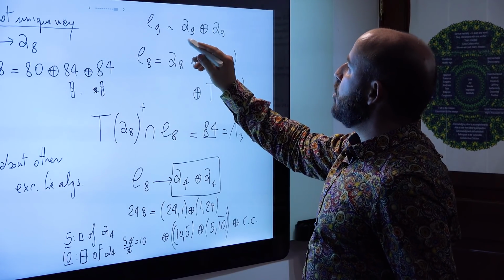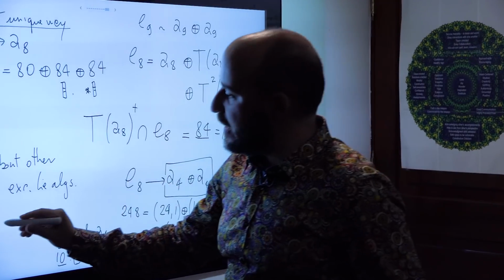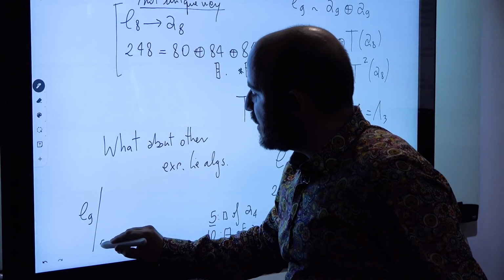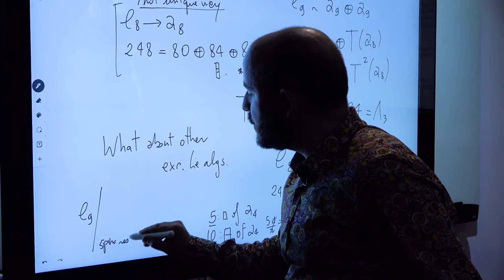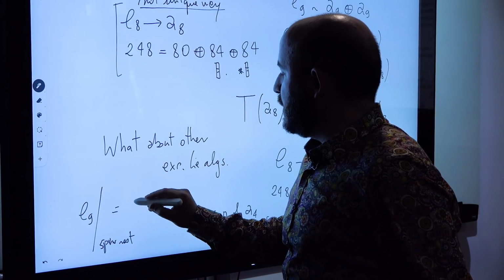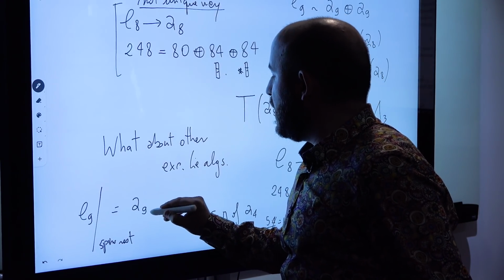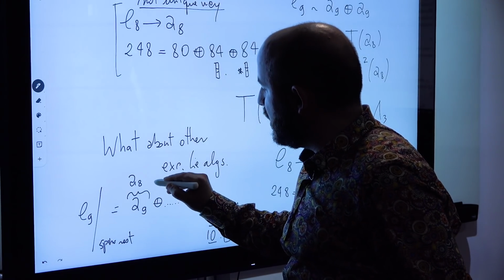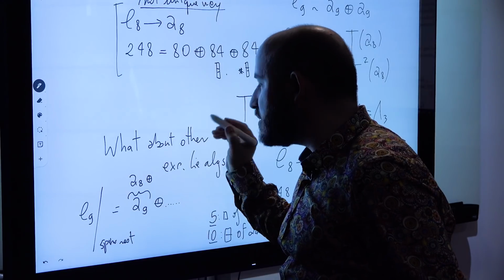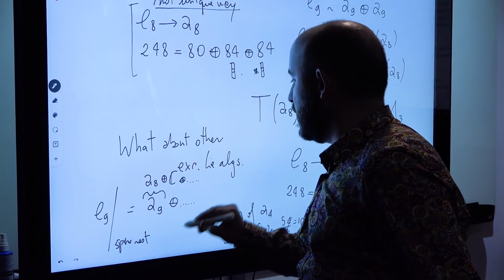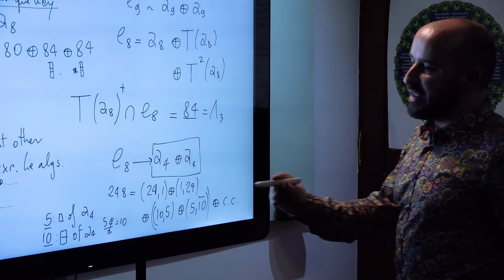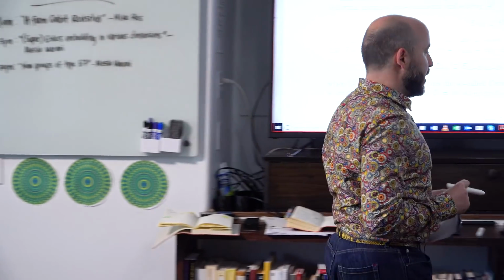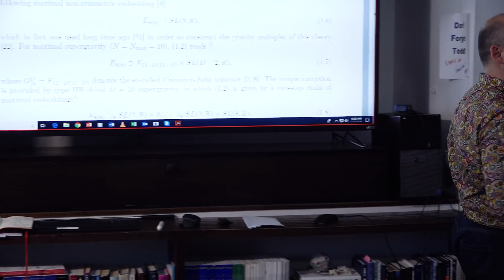In order to see how many copies, one might get inspired by writing E9 with respect to the spinor root, one of the two, and this starts with A9 plus other generators. This A9 may also be written as the subalgebra A8 plus C plus other pieces. So by looking at the level expansion of E9 with respect to its spinor root, one might get inspired to conjecture how to construct E9 in terms of A9.